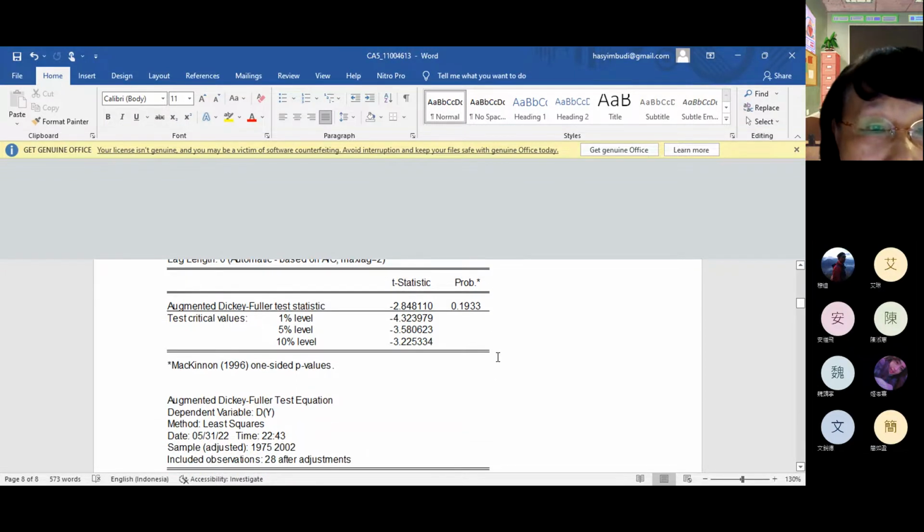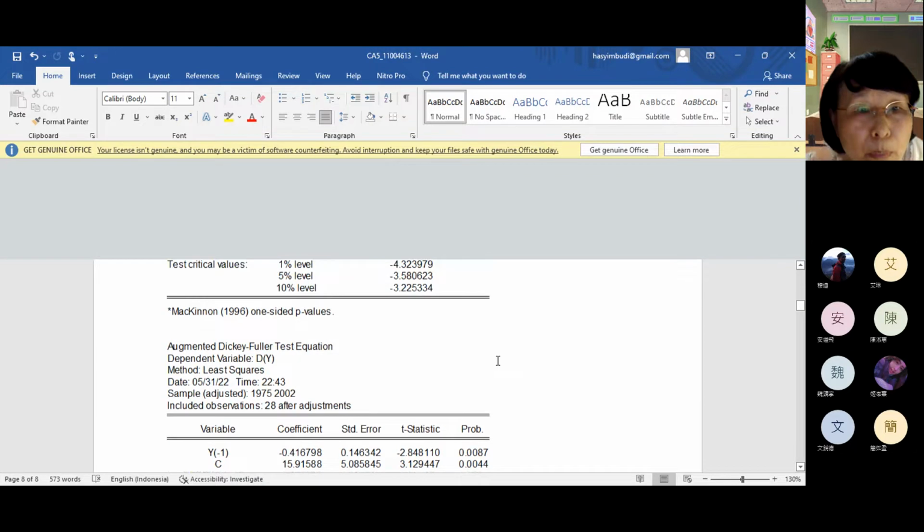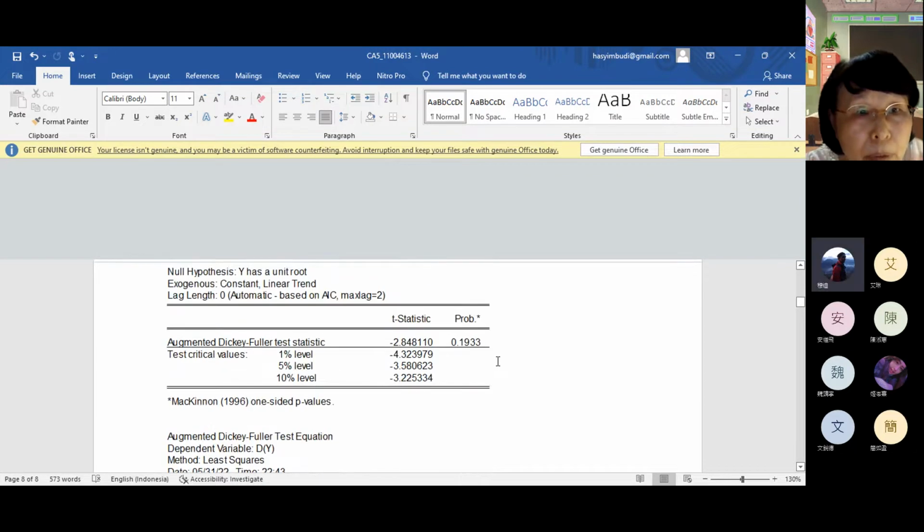Would you please stop here for a while? Please don't move the screen. I'd like to use this example to show all of you at the same time. Look at the output. Did you see the very top of this page? Did you see the exogenous?